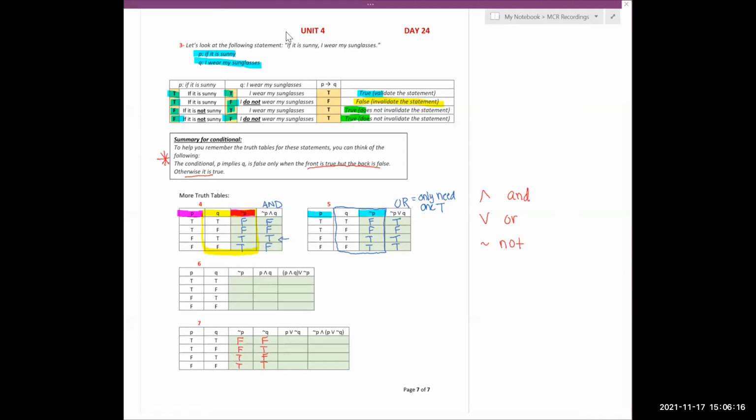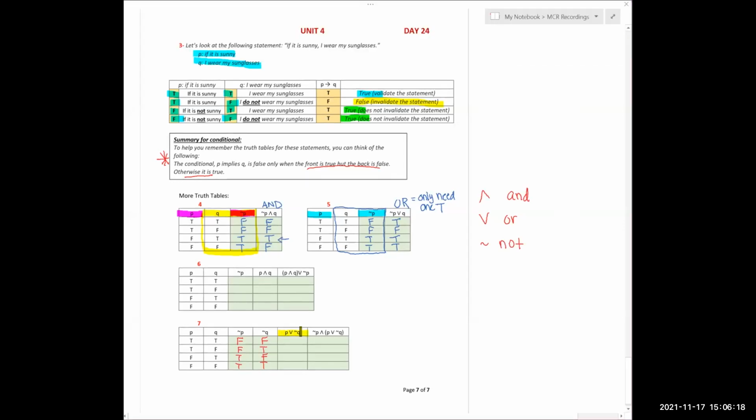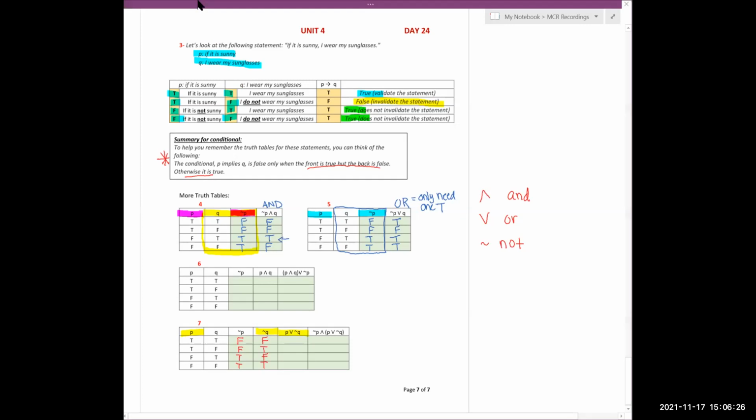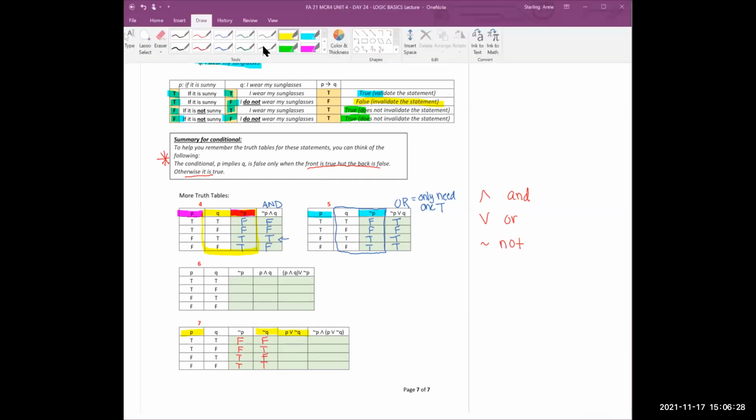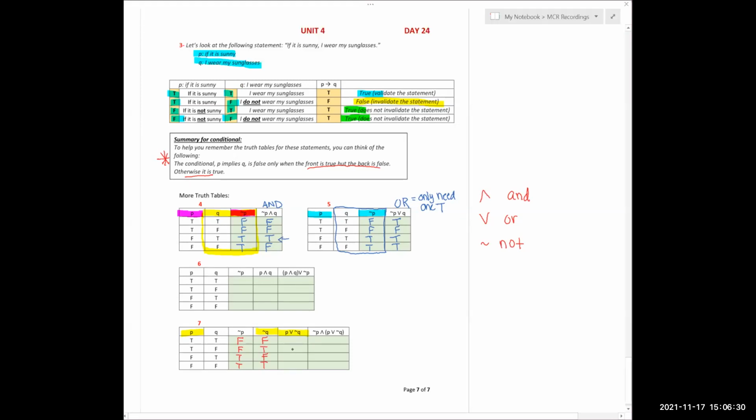And then this one is saying do P or not Q. So I've really got to start to watch which column I'm looking at right here. And that's an or. So I only need one. So true, false is true. True, false, false. And then I have a true there.